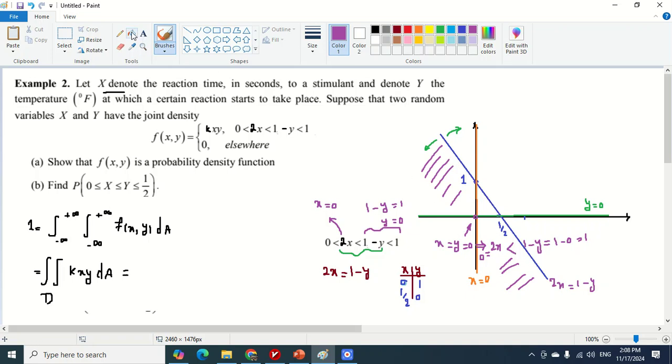So based on this discussion, and based on the restriction of x equal to 0 and y equal to 0, this triangular part will determine the domain over which we want to take an integral.